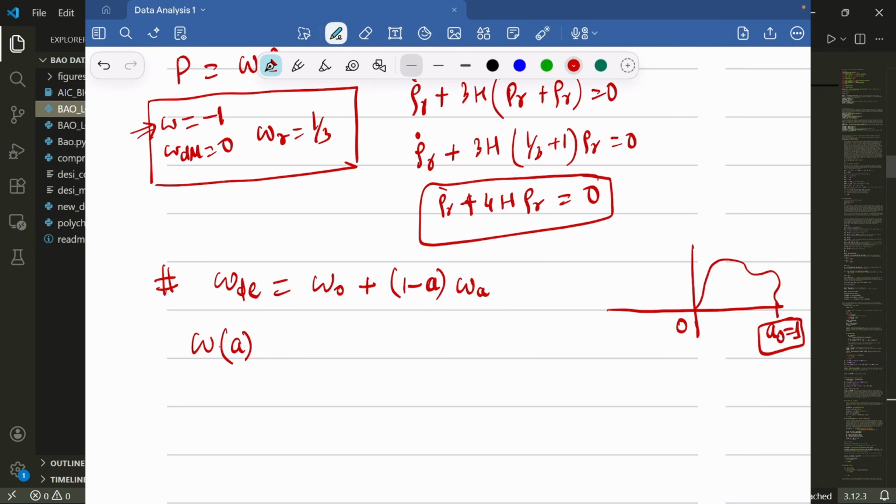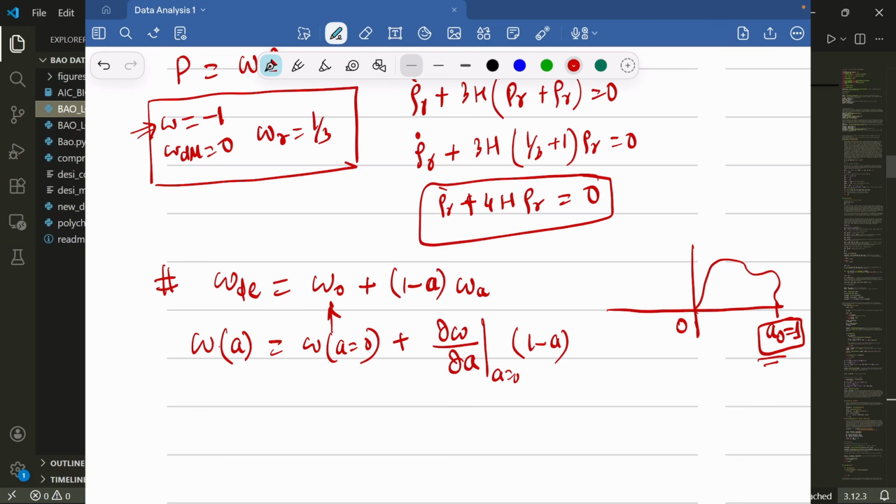As a becomes smaller and smaller, we are looking into the past of our universe. So we can do the Taylor series expansion. The Taylor series expansion says that omega a is equal to omega 0, which we have talked about. Now we can say d omega over da around a equal to 1 times (1 minus a) or (a minus 1), because we are expanding around today.